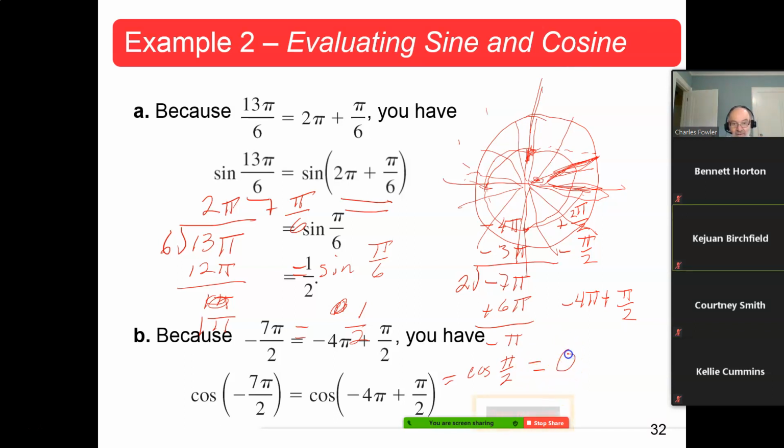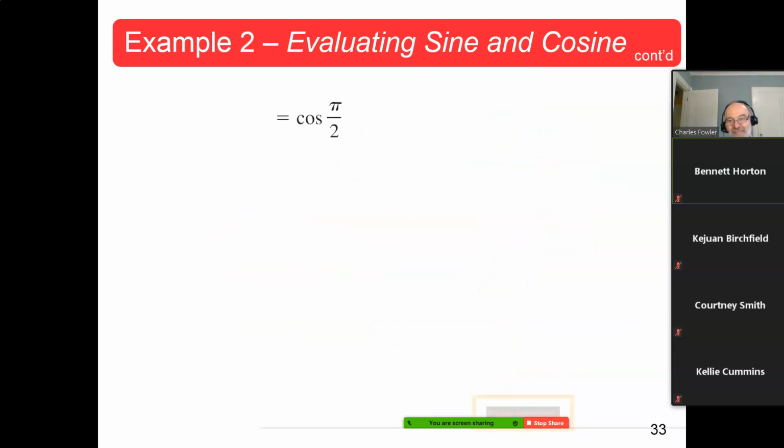Okay, because if you think about it, pi halves, this is where we were. What's the x value when you're up here? 0. Okay, so that's all you had to answer. If you had counted around like we did and wound up here, then look at the x value there, it's 0. But they're showing you can do it this way as well. To me, the way they do it is awkward. I would just count around until I found out where we were. And that's cosine of pi halves, and cosine of pi halves is 0.